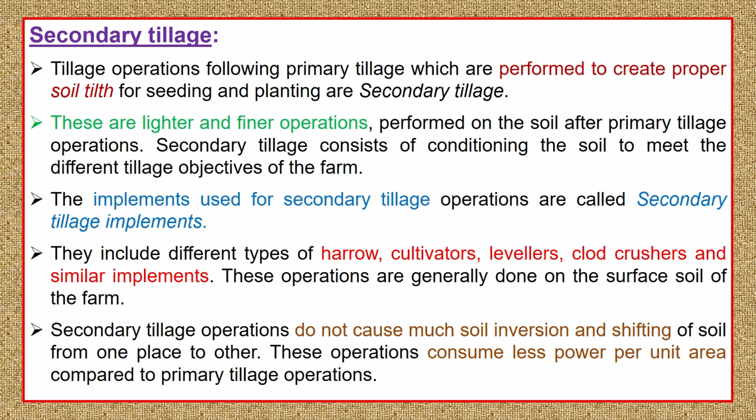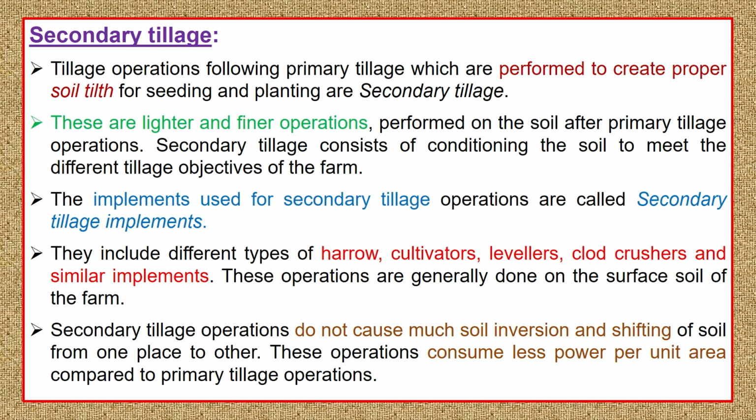The finer operations here refer to leveling of land, crushing of clods, collecting of crop residues which were buried in the soil while primary tillage operation was performed, or sometimes to kill the weeds as well. So these operations are performed on the soil after primary tillage operation is done.